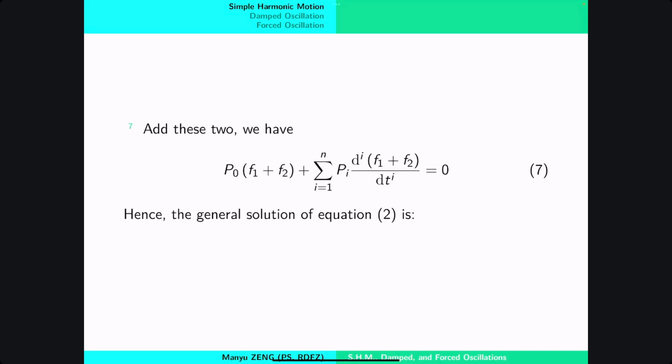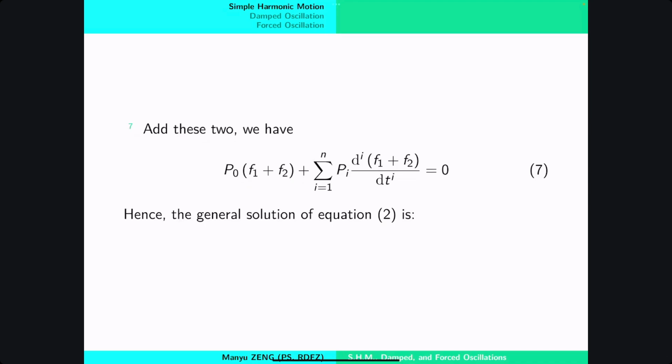And so equation 7 gives the proof that f1 plus f2 is also a solution, and you can multiply f1 and f2 by different arbitrary constants, and you'll find that this is always true. c1 f1 plus c2 f2 is always a solution.